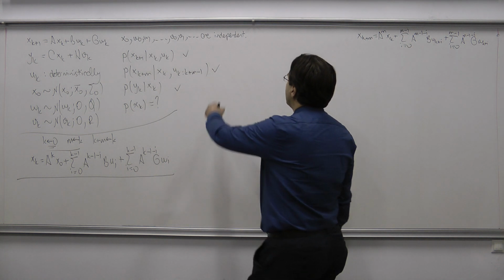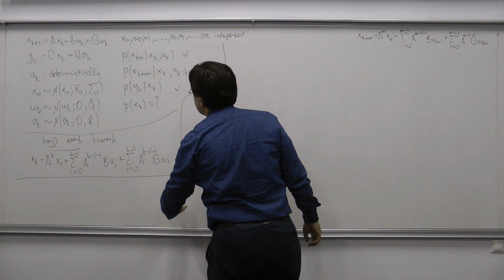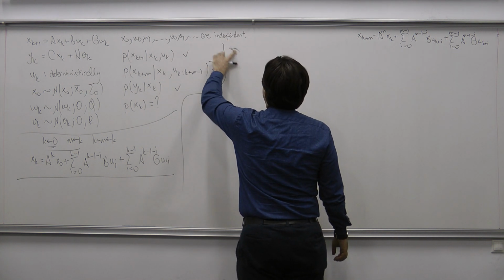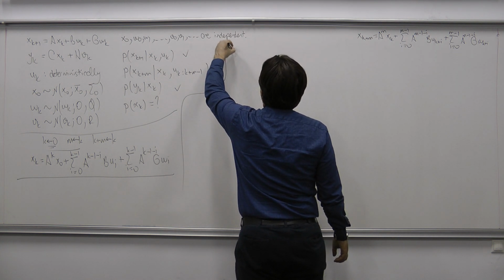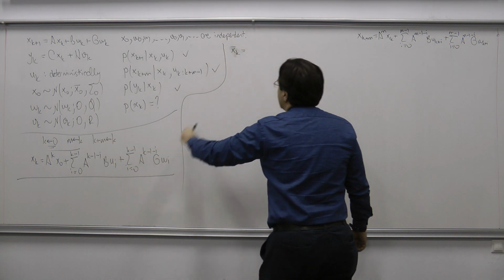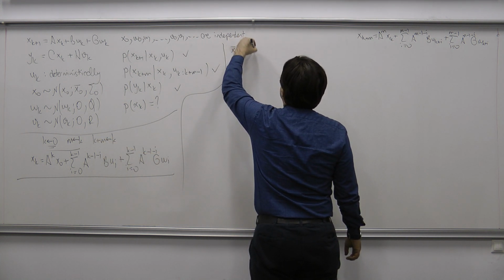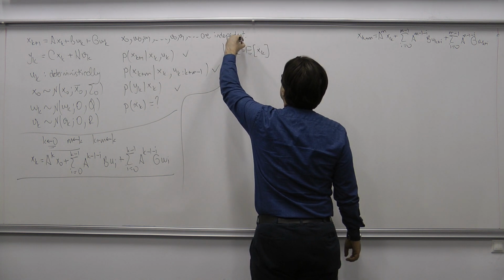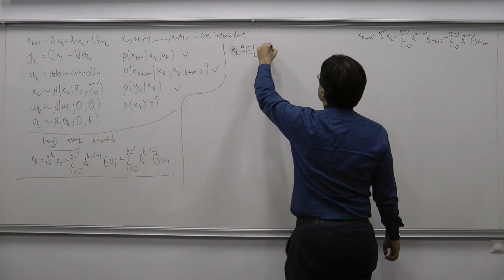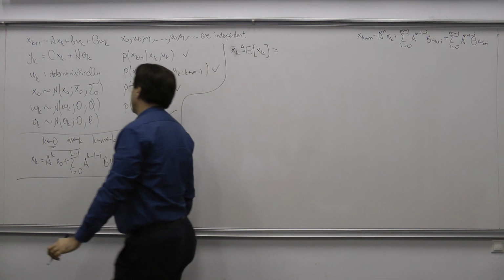Okay? Let us calculate the mean of xk. This is going to be xk bar. So I have xk bar, that is equal to the expected value of xk. This is the definition of xk bar, and let us take expected values of both sides.